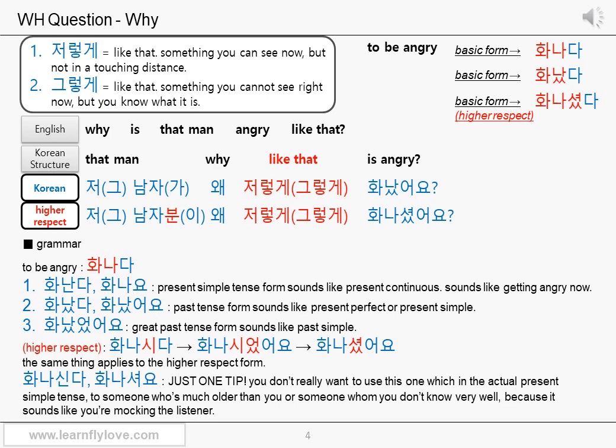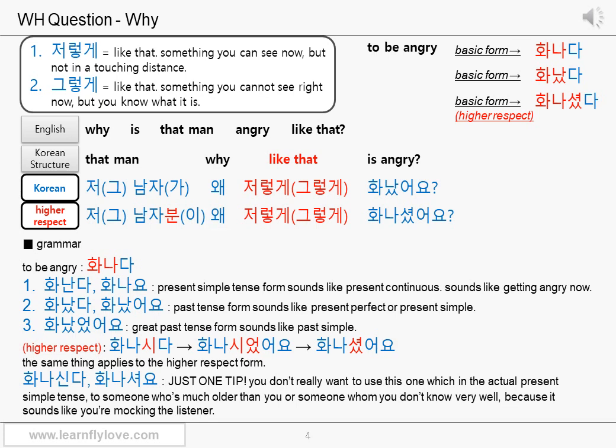You can add 분 to a man or a woman who is a total stranger or whom you don't know very well to show some respect. It might make you look better because you will be such a nice person who even used a higher respect form for a stranger. 저 남자분이. You can omit the particle 이 here if it doesn't pop in your head right away.